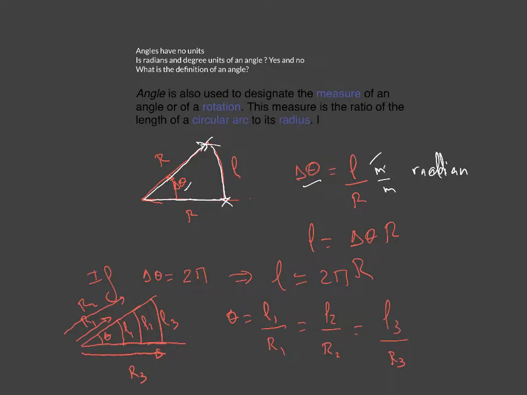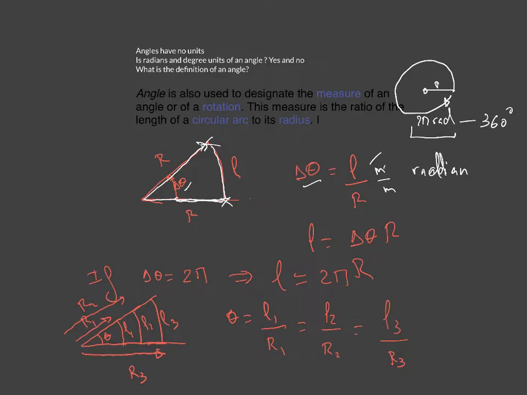Also, we measure angles in degrees, and the correspondence is that 2 pi radians correspond to 360 degrees. And what is 2 pi radians? It is the rotation of this line to itself.